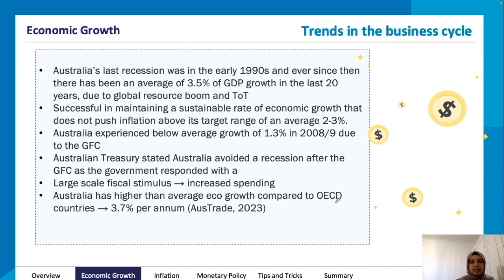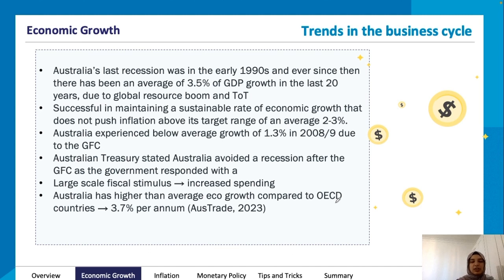Successful in maintaining a sustainable rate of economic growth that does not push inflation above its target range of 2 to 3% is what we aim for. This is something you may already be aware of, but yes, this is true. Inflation targeting is one of the key factors in Australia's economy, so it's something to take into consideration when we are learning about the economy.